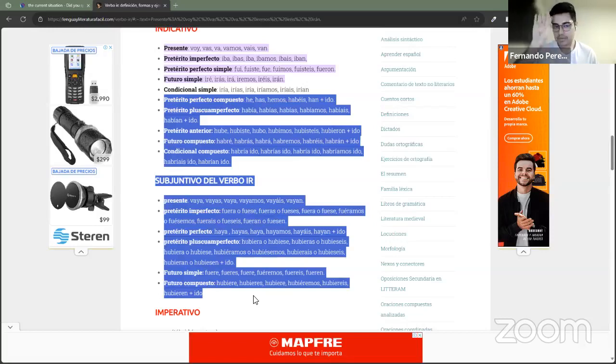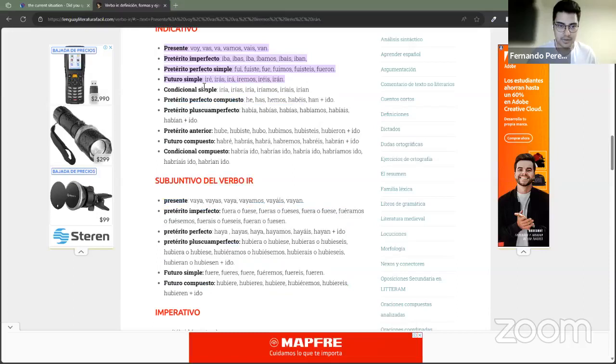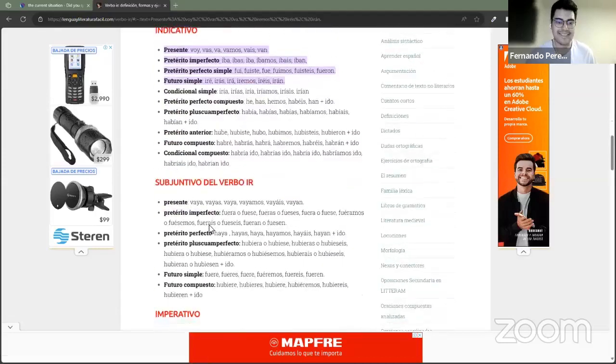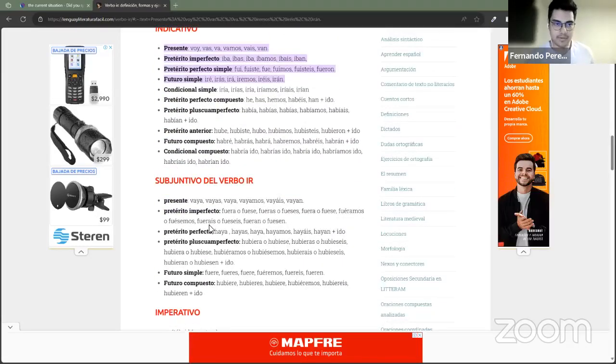Nada más 4, si quieres. Todas estas formas de verbos, aquí en español tenemos 16, más los imperativos y los demás. 16 cambios que tiene el verbo.